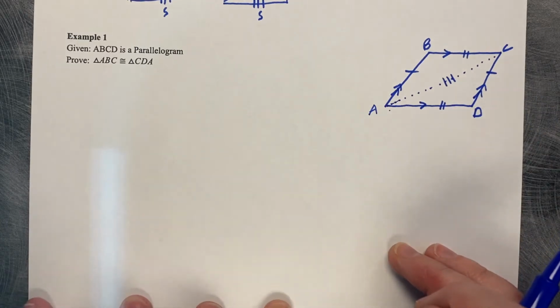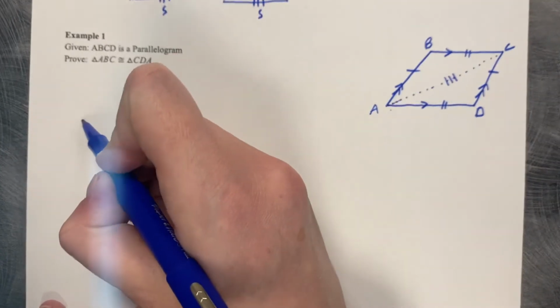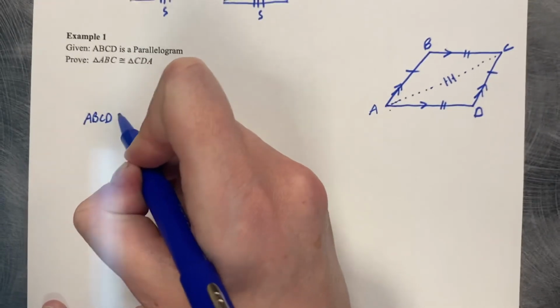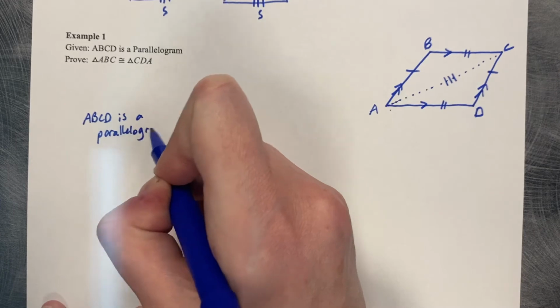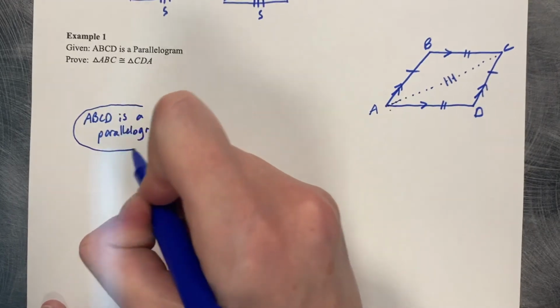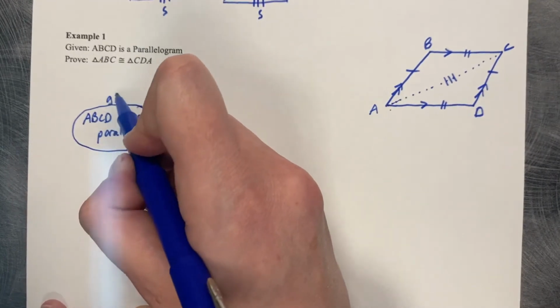So now we're going to write our proof. You can write it as a flow proof or a 2-column, whichever you prefer. I'm going to write it as a flow proof. So ABCD is a parallelogram, and that's given.